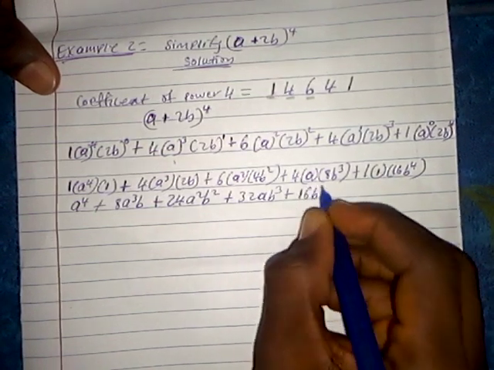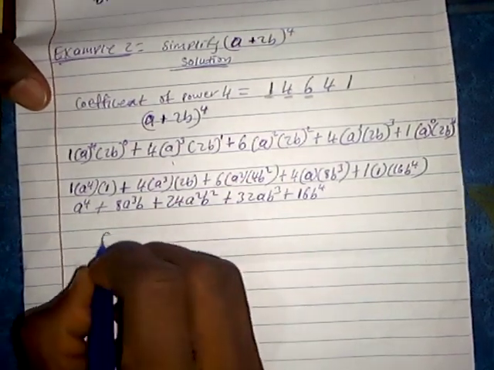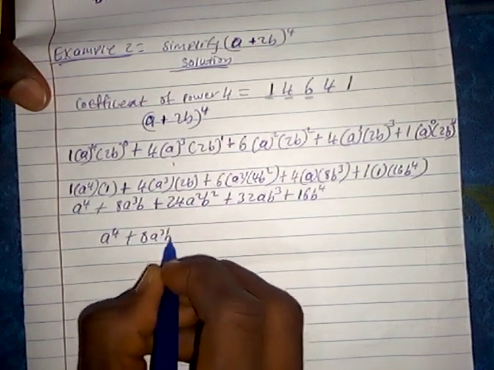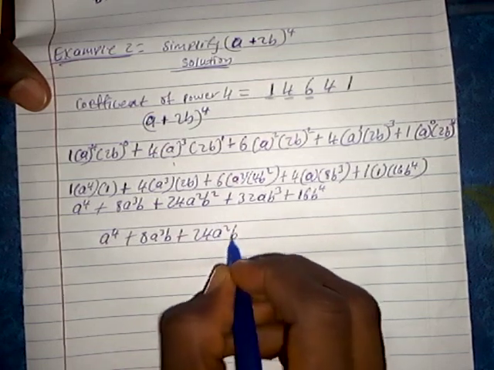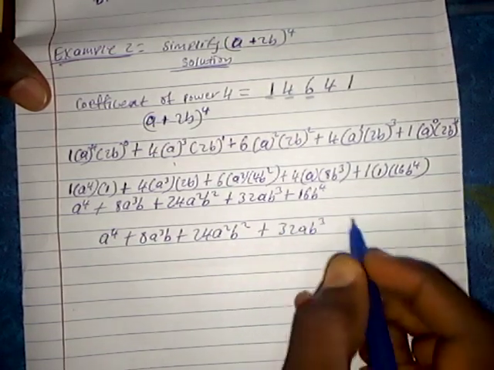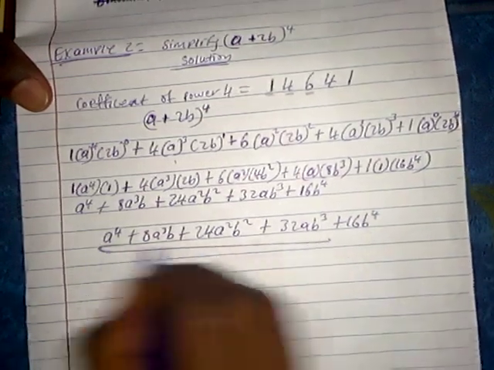So you say 16b to the power 4. Right? This is your answer. So a fourth plus 8a cube b, plus 24a square b square, plus 32ab cube, plus 16b to the fourth power. This is your answer.